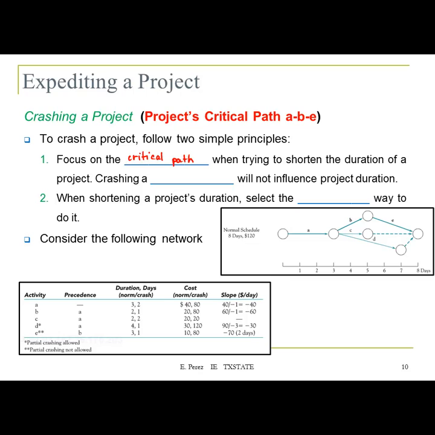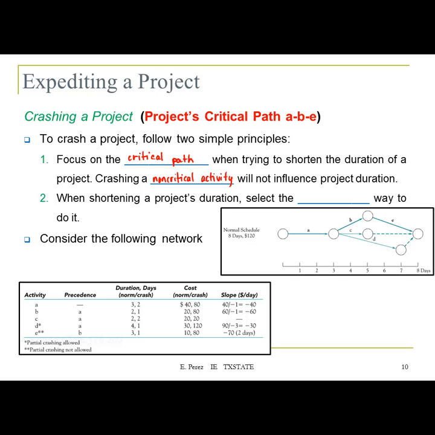And that makes sense, right? Because if you reduce one of the activities that is not in the critical path, chances are that you're not going to be reducing the duration of the project. When trying to shorten the duration of a project, crashing a non-critical activity will not influence the project duration.